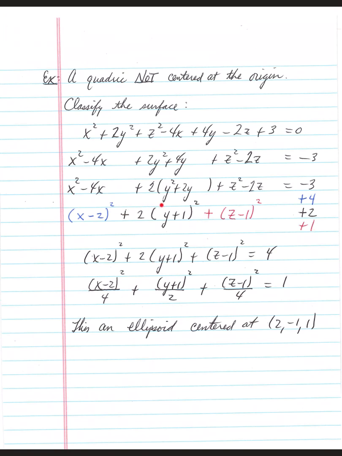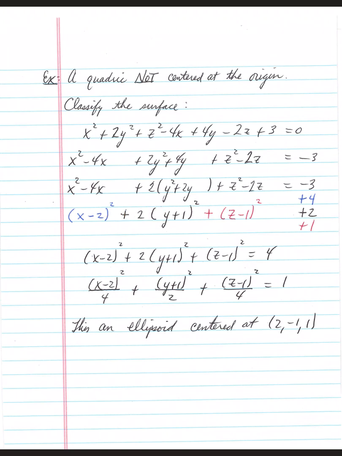So each time you complete the square for x, y, and z, be very careful to add the squared value on each side. If there's a number you had to factor out, be sure that once you square, you multiply by that number as well. So that's why this one was actually a +2.